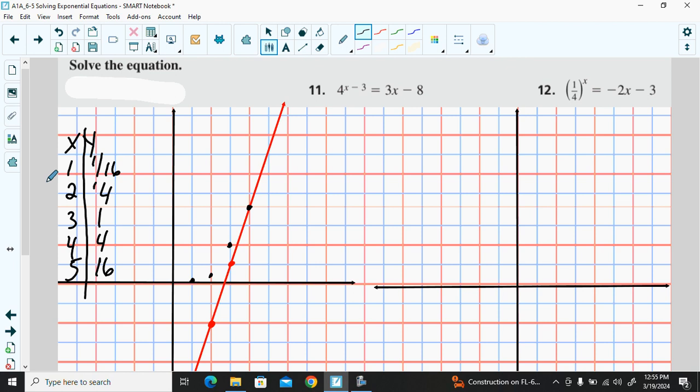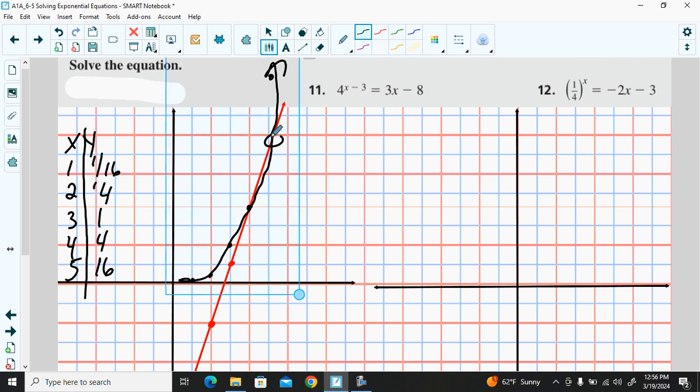Where's 5? There's 5. 16 is going to be all the way up here somewhere. So what we have here is a curve. Let's try this. It's going to look something like this, and then it's going to go way up here.